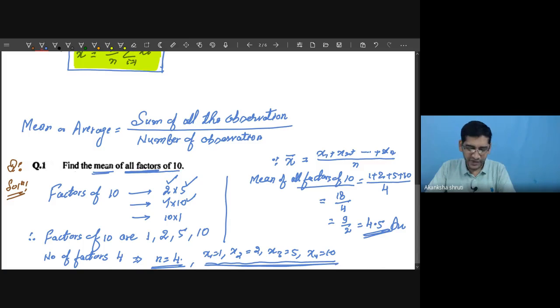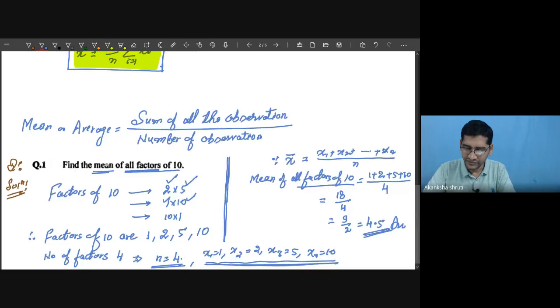What is the mean of all factors of 10? It is 4.5. Here you are observing the data: 1, 2, 5 and 10. It is quite close to 5. 5 appears to be in the middle, but the mean is not exactly 5.